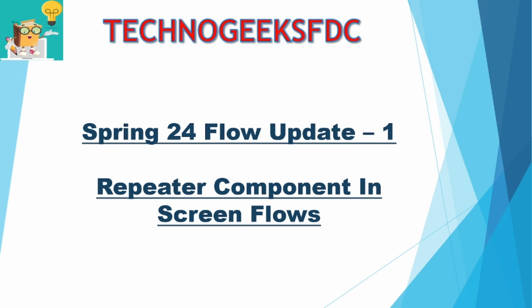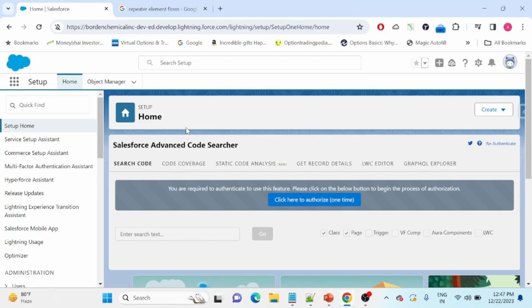Here I don't want to restrict the user to creating only one account. Instead, I want them to be able to create multiple accounts from the same screen. We will see how we can use the repeater component to accomplish this use case.